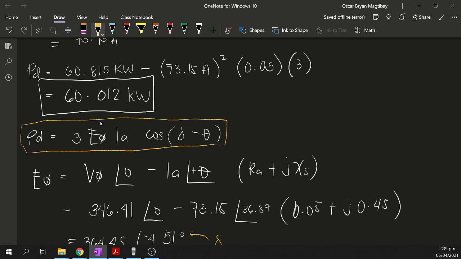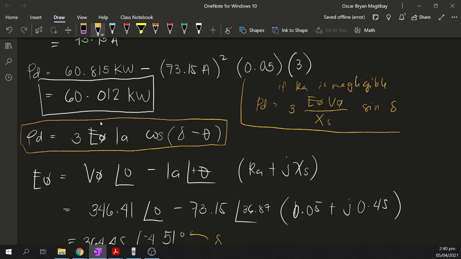Pero if RA is negligible, PD is equal to 3 times E phase, V phase, all over XS sine sigma. Total power developed po yung nakuha natin. This is the total power developed, kasi may times 3 tayo dito.